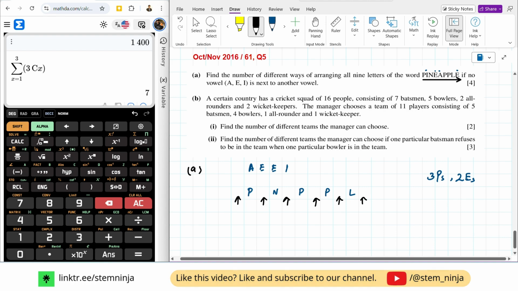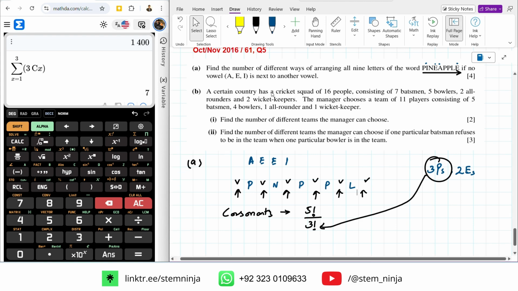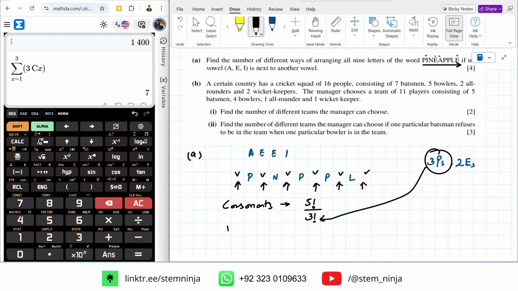So for the consonants, you have 5 factorial, but out of them 3 are duplicate. Now for the vowels, you have how many places? 6 places.